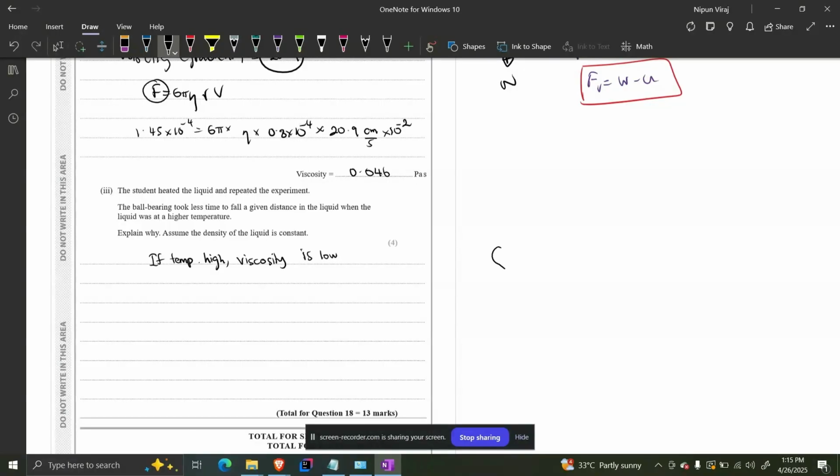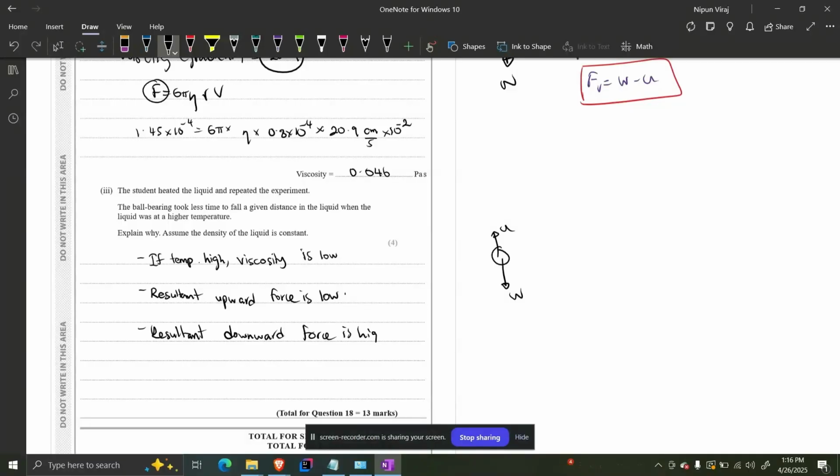if you take it mathematically, we have a certain weight, we have a certain upthrust. Simply, you can say the resultant upward force is low, and it means the resultant downward force is high.